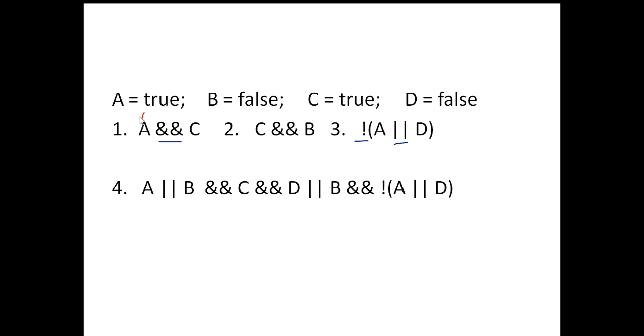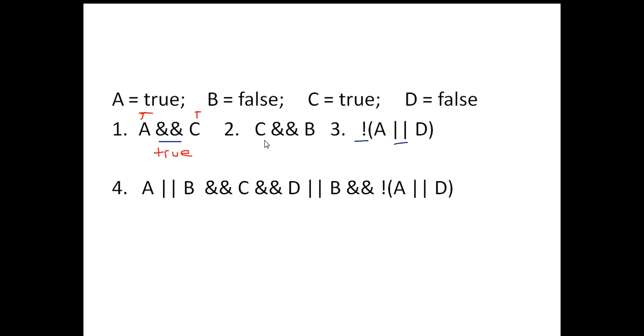If A is true and C is true, if they're both true, then that makes the whole expression true. The thing to remember here is we gave an illustration in class. If your mom asks you to do the dishes and take out the trash, you must do both in order to make her happy, or to be true. If you only did one of them, then it would not be true.